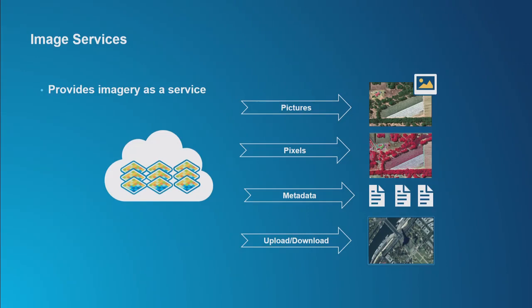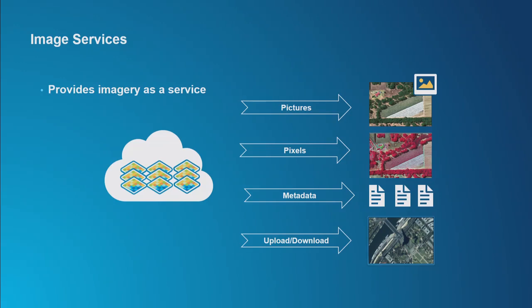What's actually delivered to the client application, in this case my web browser that connects to the imagery, or in another case maybe my ArcMap or ArcGIS Pro that accesses the imagery, what's sent back to the client are the actual pixel values.